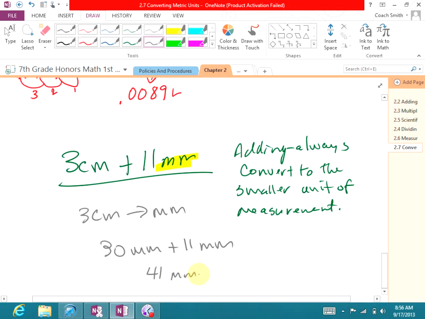Now, you could convert the 11 millimeters to centimeters. You're just going to have to do decimal numbers, okay? And it's easier to do whole numbers instead of the decimal numbers. So 41 millimeters would be your answer. Well, the book is going to tell you to write it in the smaller unit of measurement. Okay, so you got to do it that way.